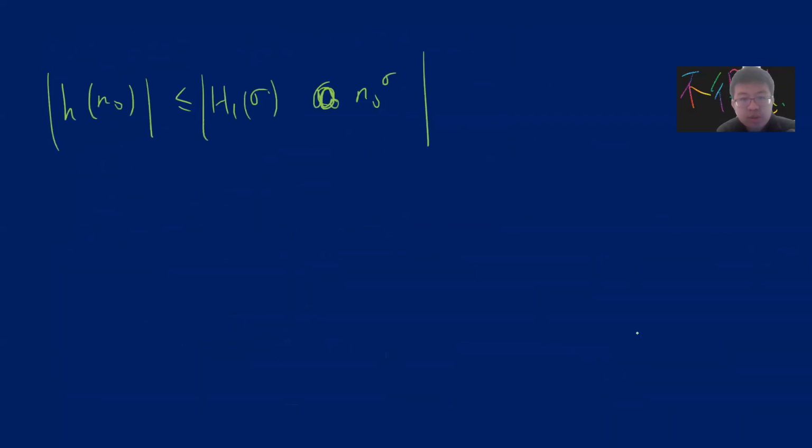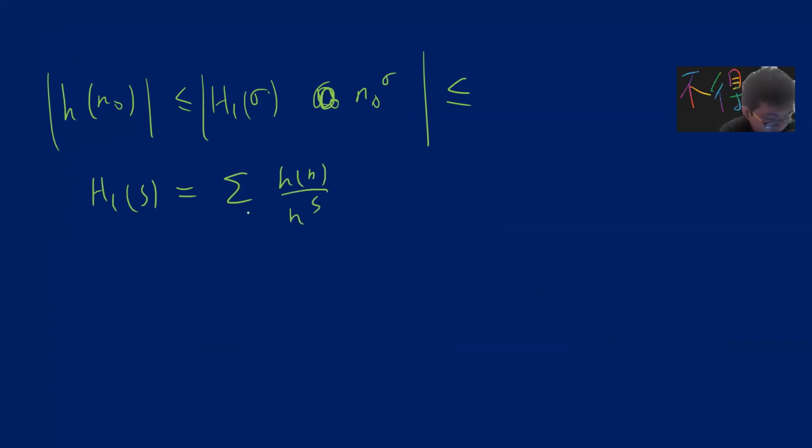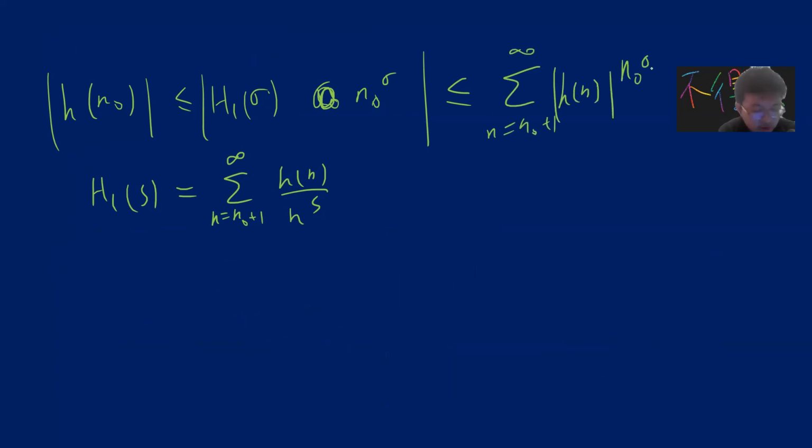And it's bounded, by the definition of h_1(s), which is the summation of h(n)/n^s for n equals n_0 plus 1 to infinity. So you plug it in and get the sum from n_0 plus 1 to infinity of |h(n)| n_0^sigma / n^sigma.